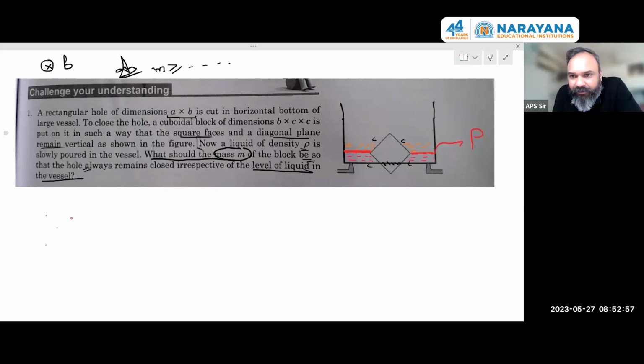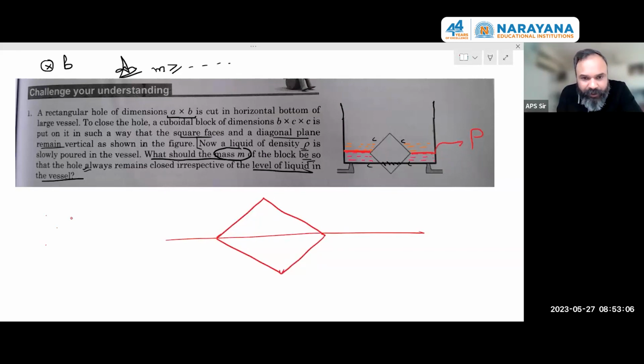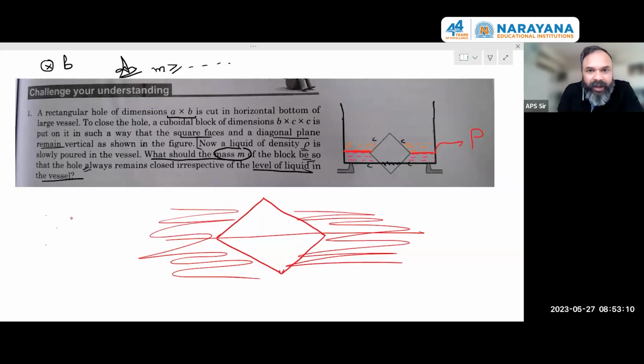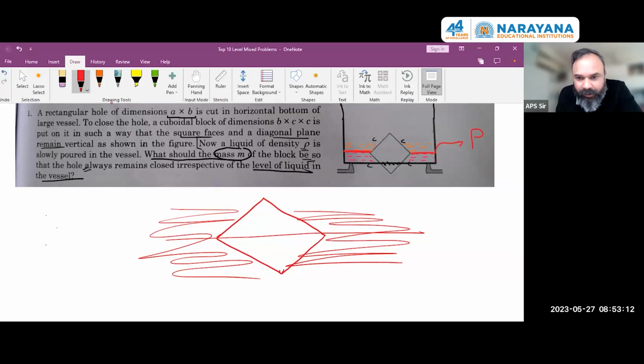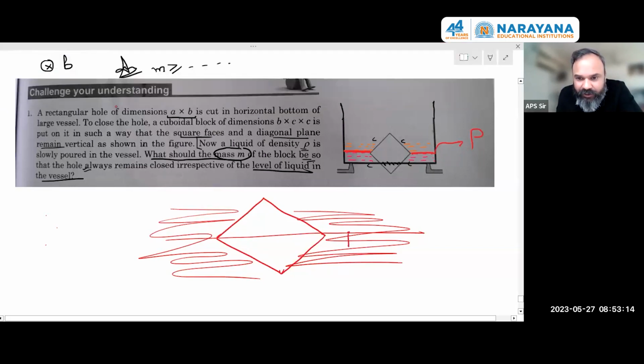Now I'm saying whenever you will analyze this block, what you are going to do is, if liquid is filled up, like liquid is present, anytime when I write pressure here and take a distance y down and take an equal distance y up, I understand that there will be a rectangular strip here over which pressure will act, and an equivalent strip here, and the same thing happens on the left hand side.